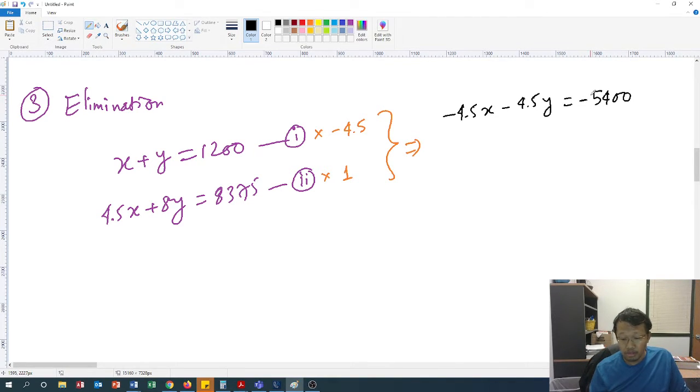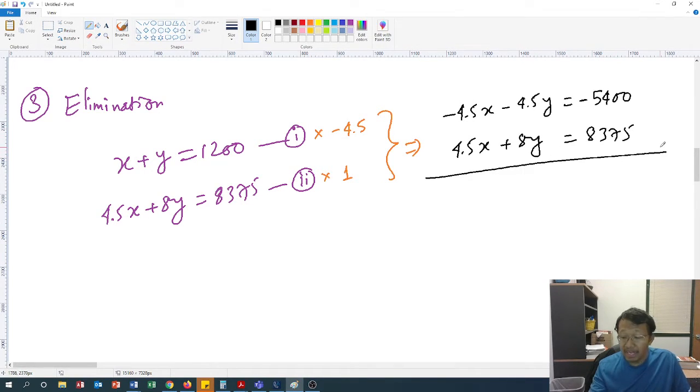Don't forget to multiply this negative 4.5 to this one, this one, and this one. And nothing changes in the second equation, so this becomes 4.5x plus 8y equals 8375.